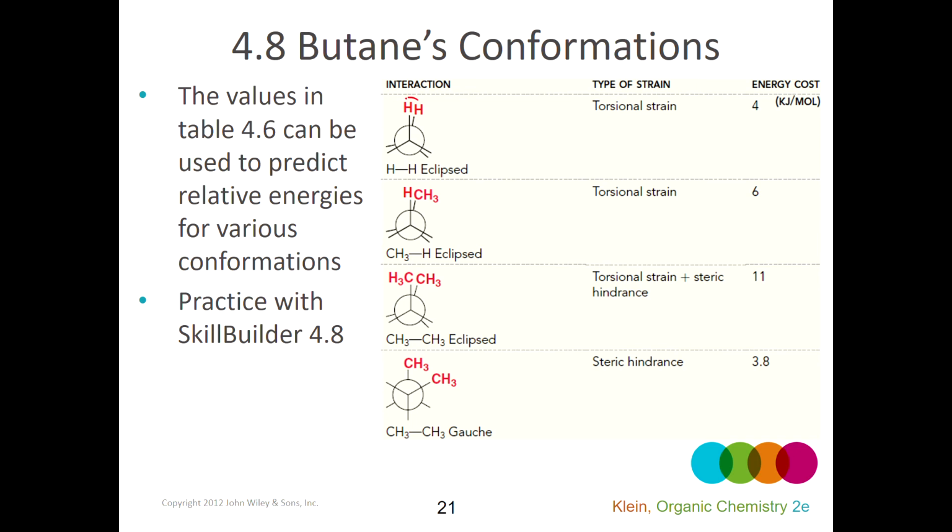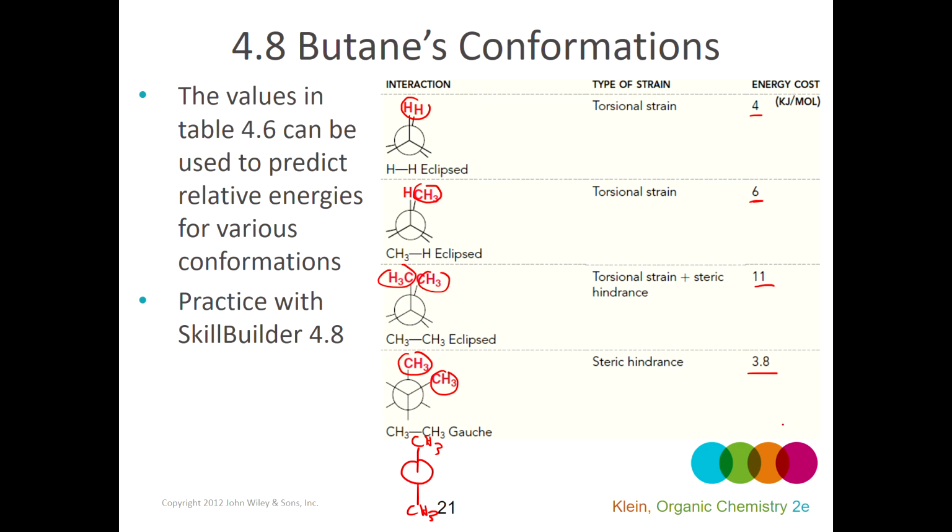So the smaller groups eclipsing makes it a little less stable. Make one of those groups a little bit larger, it's a little bit more unstable. Make both groups larger, the larger I make them, the more unstable it becomes. If I bring large groups into a staggered position, it's not going to be as unstable as if they're eclipsing, but it's still going to be a little bit more unstable than if they were anti.